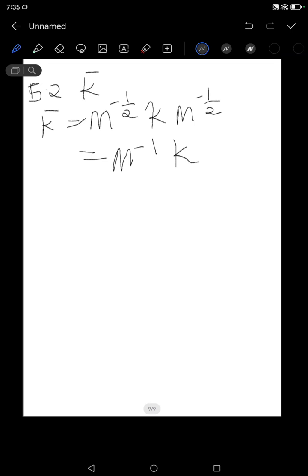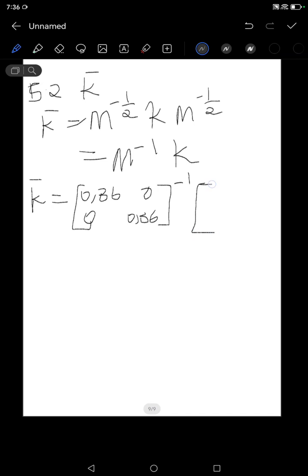And then here we're gonna substitute our matrix. We're gonna have 0.36, 0, 0, and 0.36, all to the power of negative 1, multiplied by the stiffness. Our stiffness, we have a 50.8 and a negative 45, and then here we have a negative 45, and then here we have a 50.8.